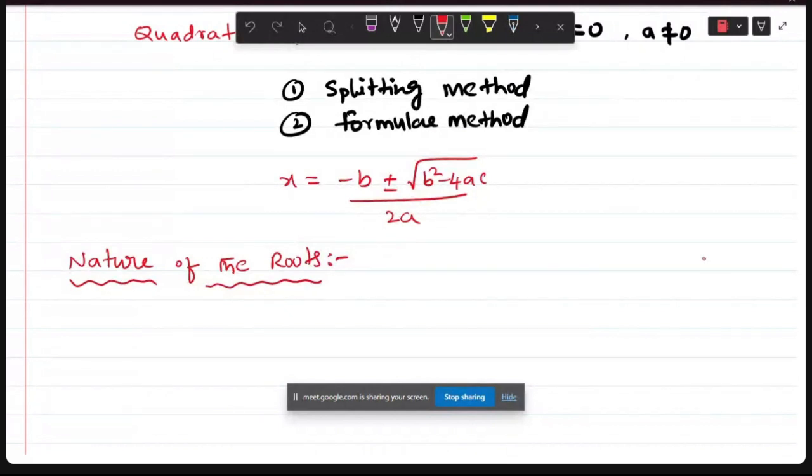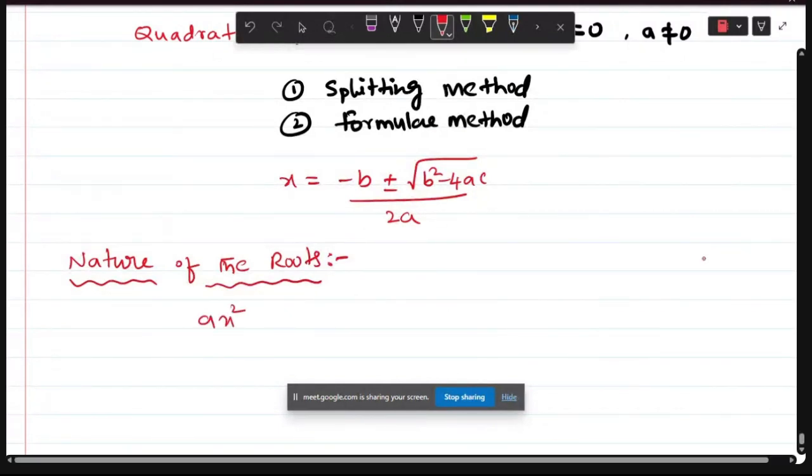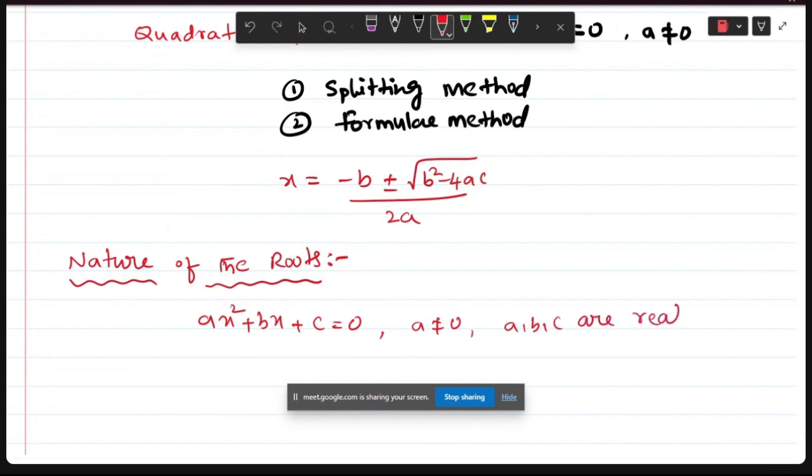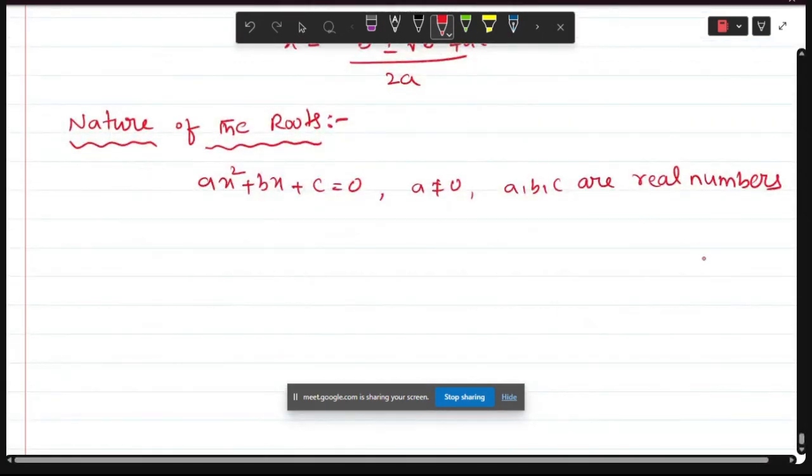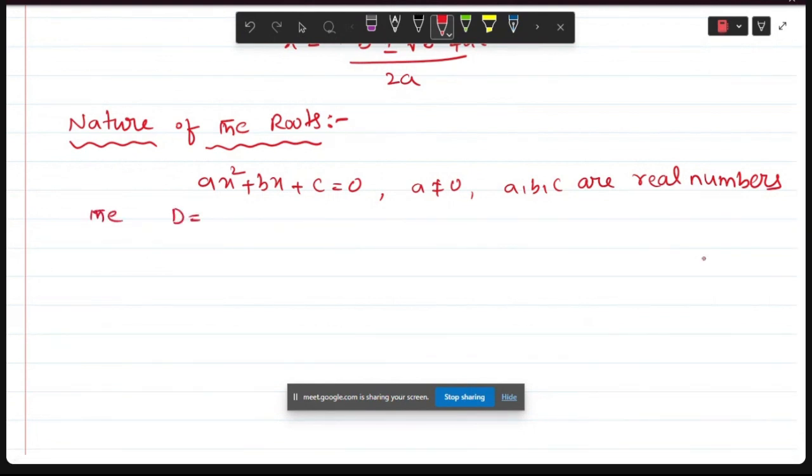For any quadratic equation ax square plus bx plus c is equal to 0, a not equal to 0, and a, b, c real numbers, D is equal to b square minus 4ac, and it is called the discriminant.